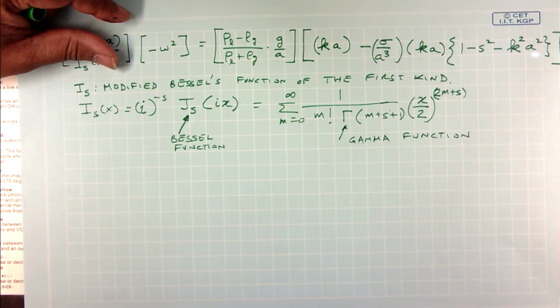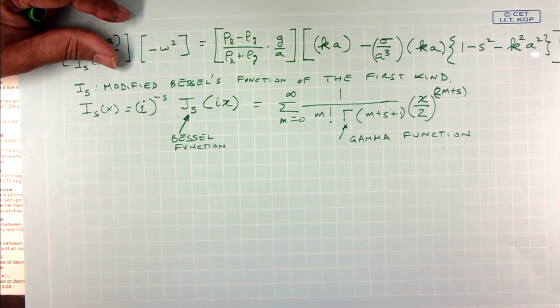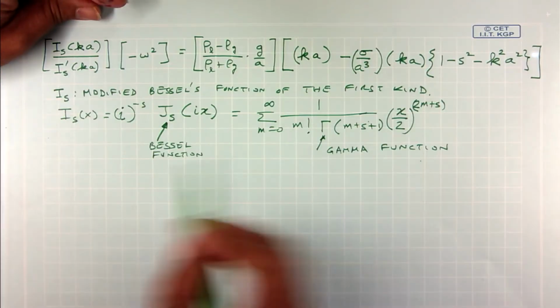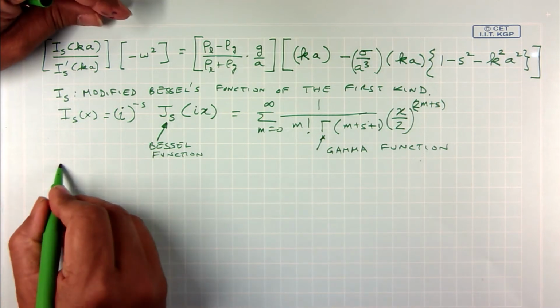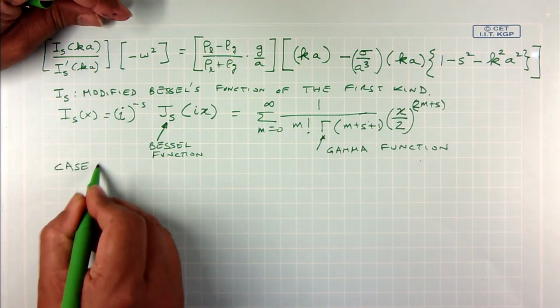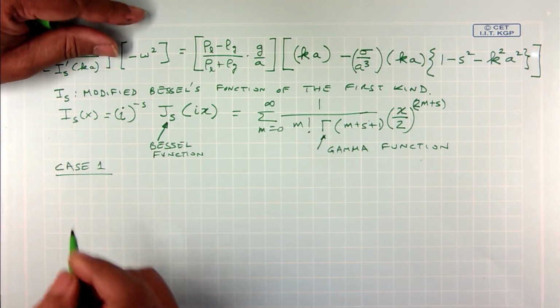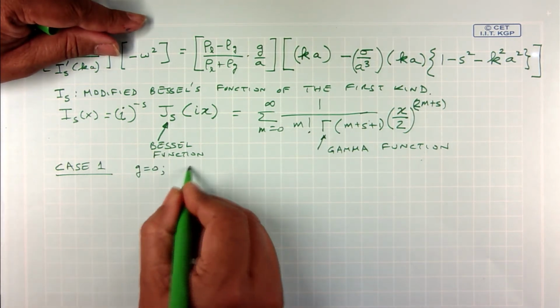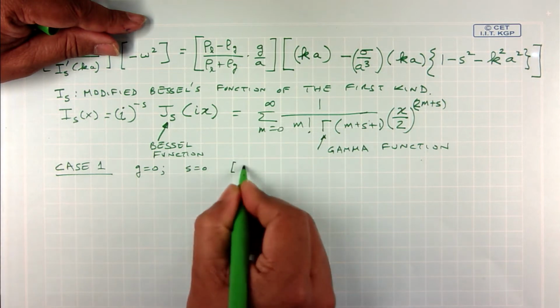Okay. So, mathematical details aside, let us now see what the solution will look like. Okay. So, now that I have this whole equation over here, let us look at some specific cases. Let us look at the first case, which is the most simple case, okay, when G is equal to 0 and S is equal to 0, which is a cylindrical jet.